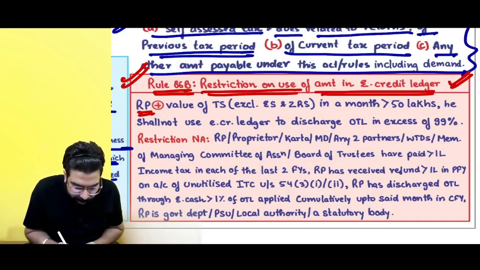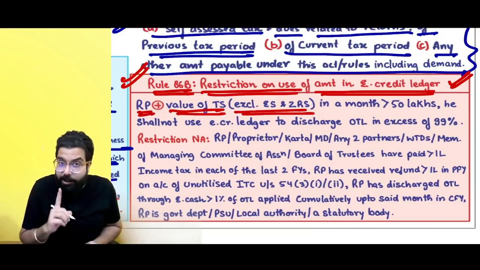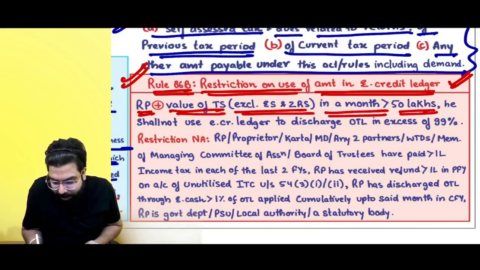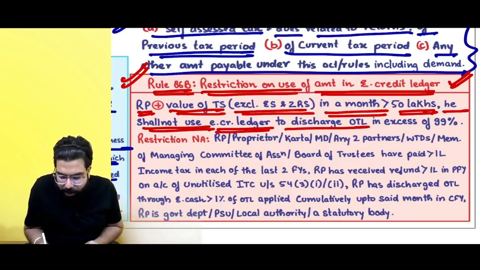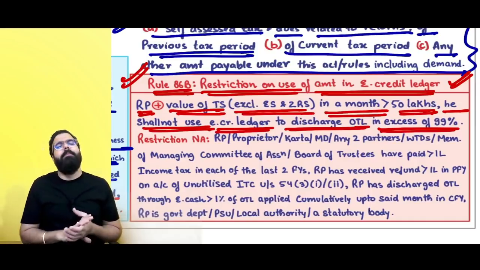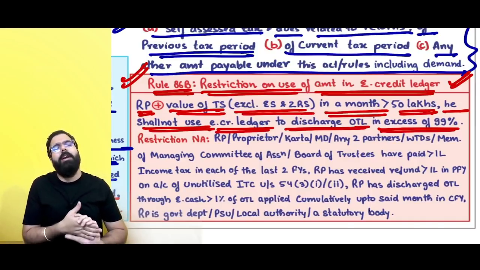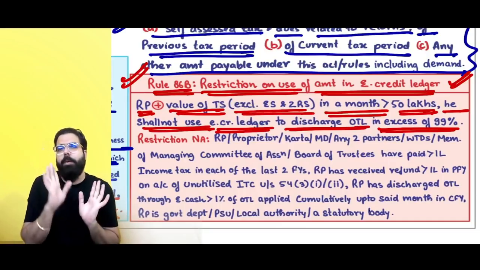It says if you are a registered person plus your value of supply excluding exempt supply and zero rated supply in a month is greater than 50 lakh rupees, he shall not use the e-credit ledger to discharge his output tax liability in excess of 99%. You can use your e-credit ledger, how much? 99% only. The remaining 1% has to be paid in cash.